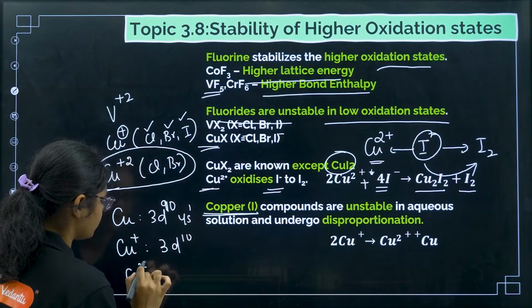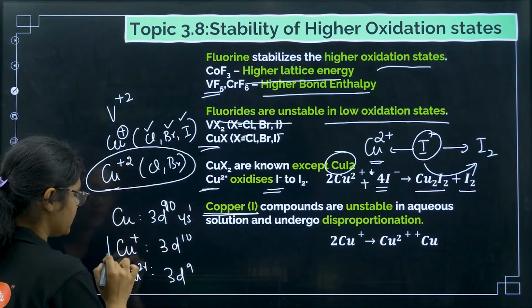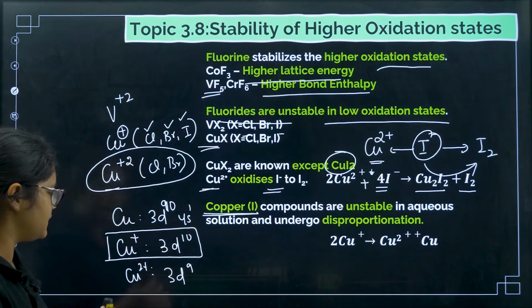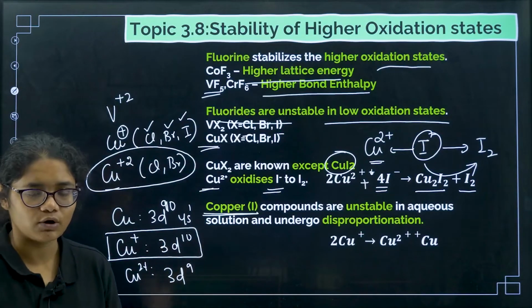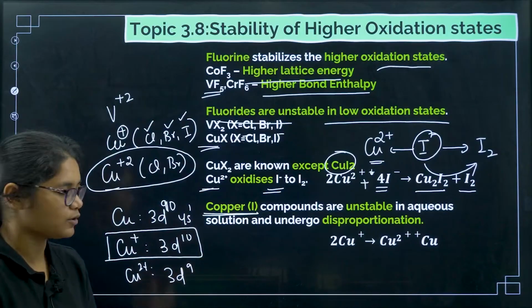Cu2+ configuration is 3d9, right? Now we think that copper+ will be very stable because of the d10 configuration, but here also there is some problem with copper.